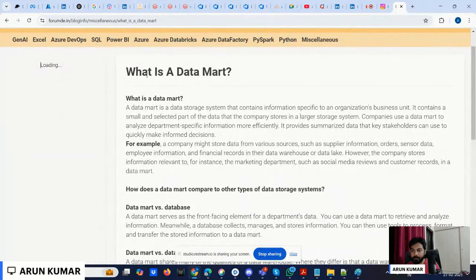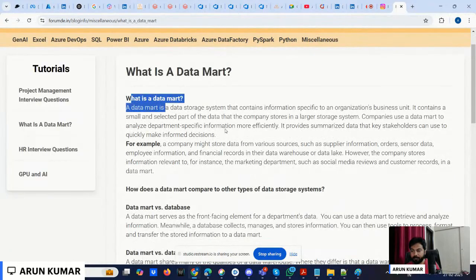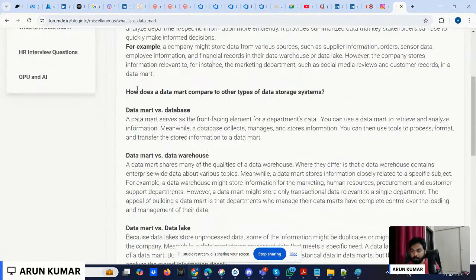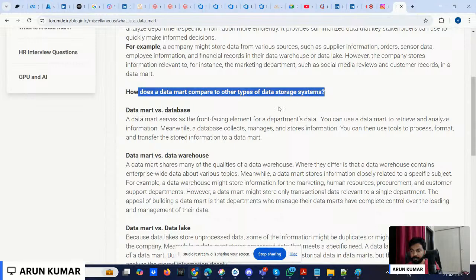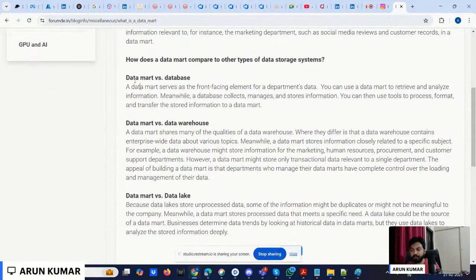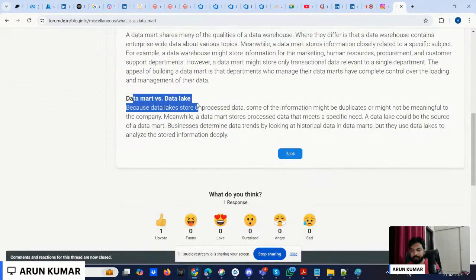There I have written what a data mart is and given an example. After that, I explain the difference between data mart and database, data mart and data warehouse, data mart and data lake, so that there is no confusion in your mind about what a data mart is.